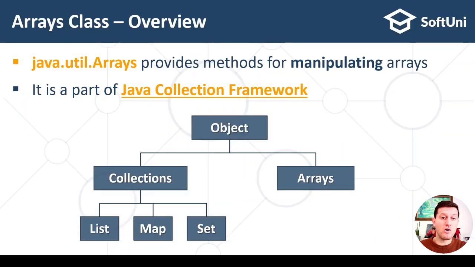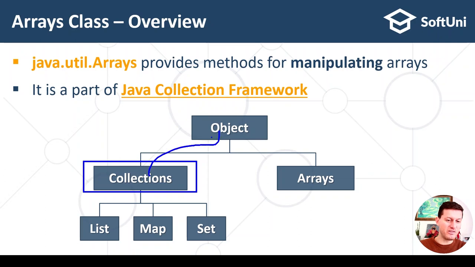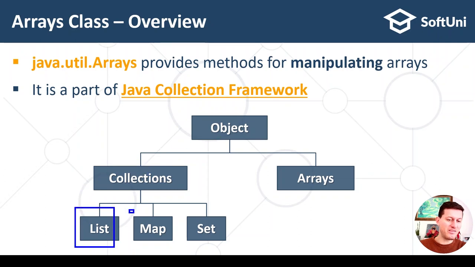Okay, so let's go ahead. In this class hierarchy we have Object, and collections are objects which can be of type List, Map, Set, or some other, for example, LinkedList. And lists can be ArrayLists, LinkedLists, and many others.